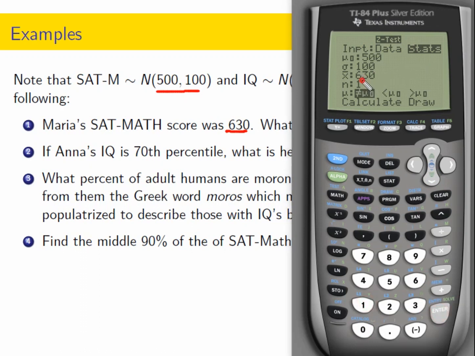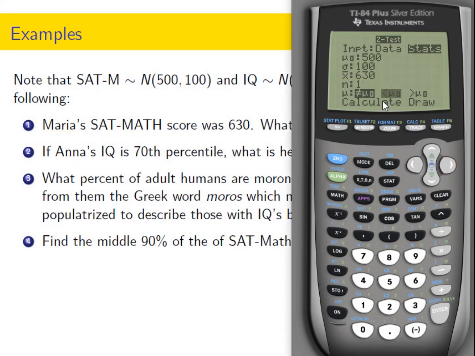When I set n equal to 1 on my graphing calculator, you remember that square root of n in the denominator? That's square root of 1, so there won't be a denominator. It will just calculate this z-score for me. But it makes sense, right? We're just trying to calculate Maria's percentile. So Maria is a group of 1. So when I set n equal to 1, the calculator is set up how we need it.